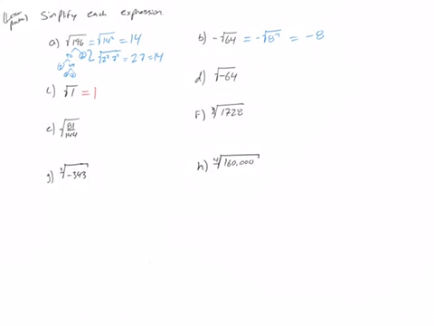And then D, notice it says the square root of negative 64. So I'm trying to think what times itself is going to give you negative 64. The answer is going to be inside the parentheses, and that same thing goes inside in both.